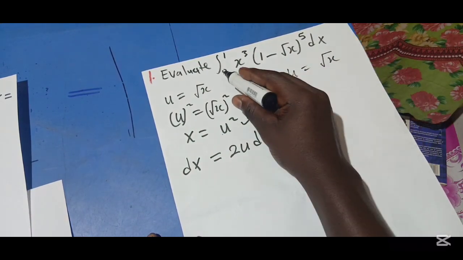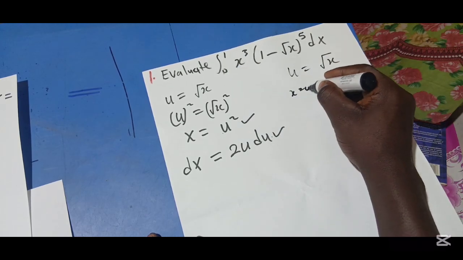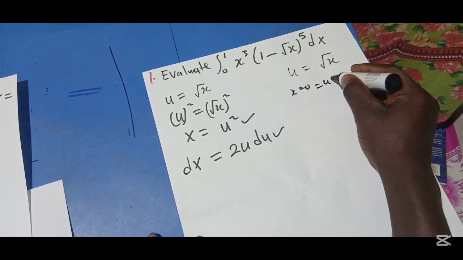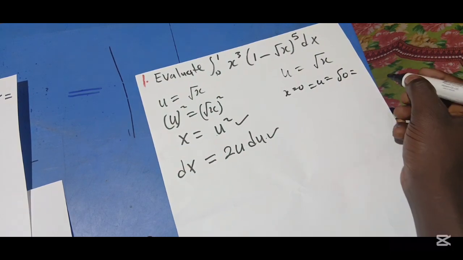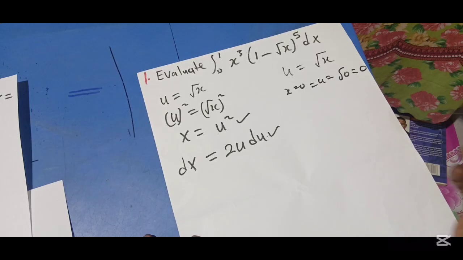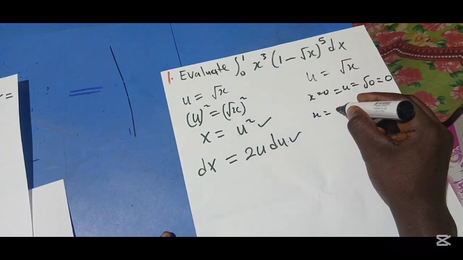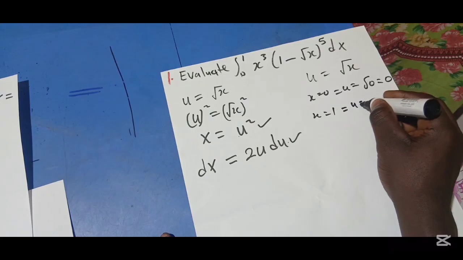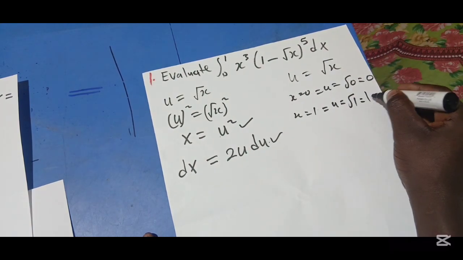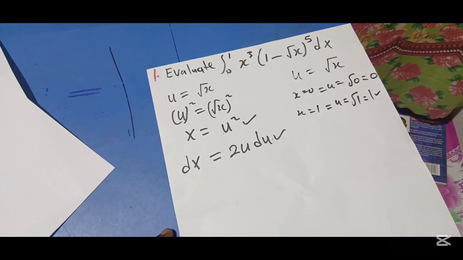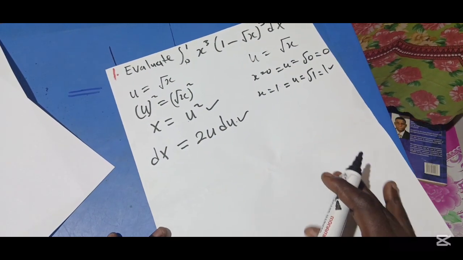If x is 0, then u will be equal to root of 0, which is 0. If x equals 1 here, then u equals root of 1, which is the same as 1. Therefore, no problem. So now that we have these values, we can go ahead and do our substitution.